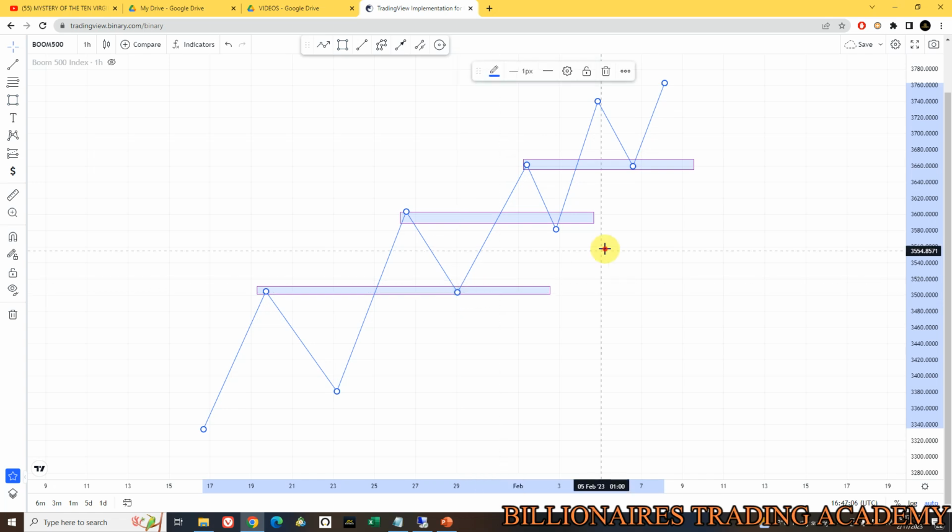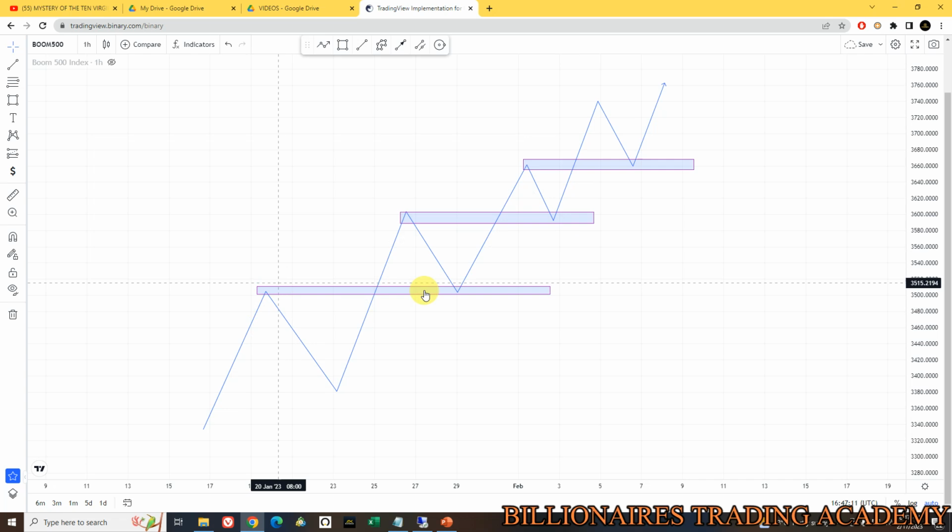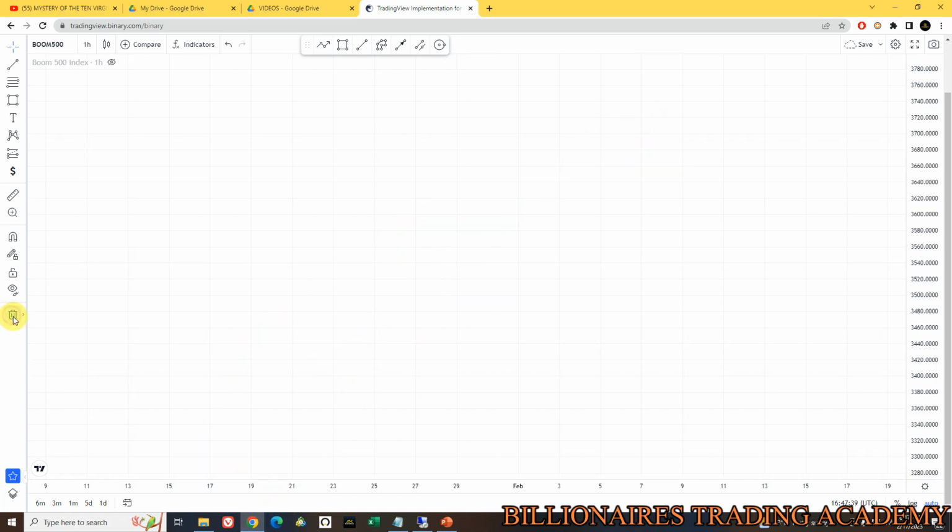Sometimes, ladies and gentlemen, when a level of resistance has been broken, we can see here price went beyond. If it begins to come back down, it can now come and make this level that was initially resistance turn into support, meaning a turning point, and then it goes up again. It breaks this zone, so it will come and retest this zone, go up again, break this zone, and come retest this zone. This is what we mean by support becoming resistance or resistance becoming support, right?